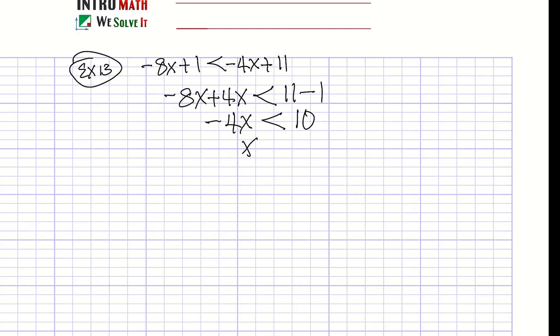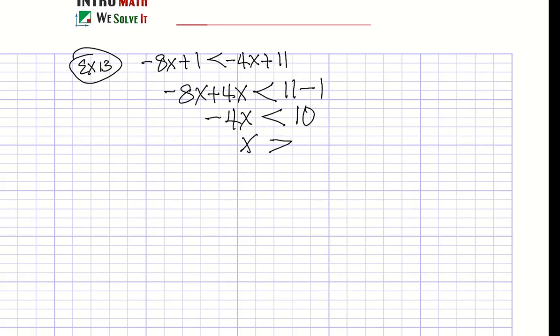You have x greater than negative 10 over 4. That reduces to negative 5/2. You see that? Okay, so that's what we got there.